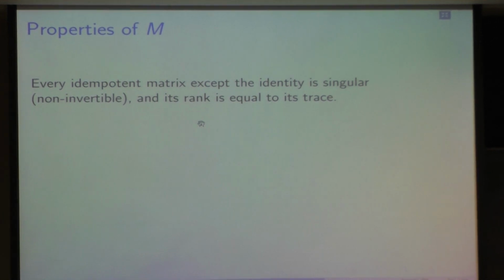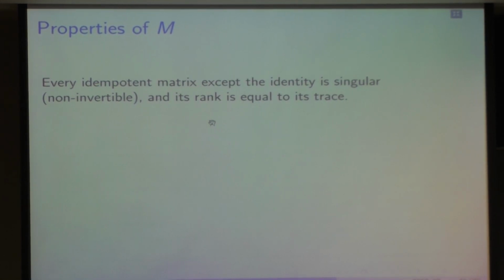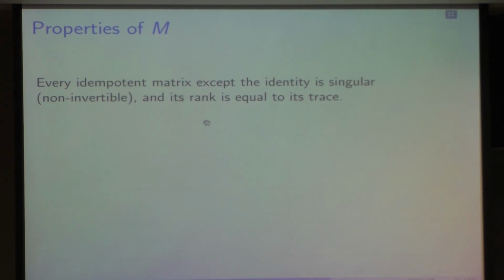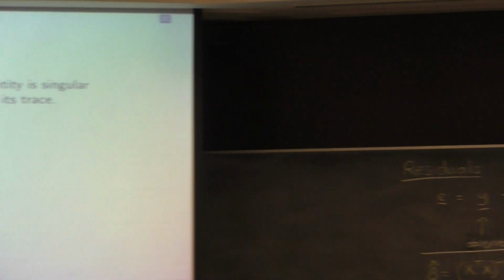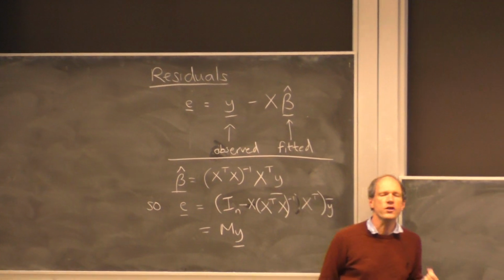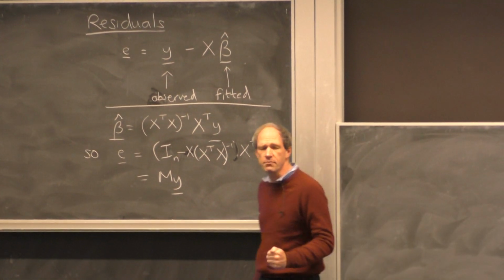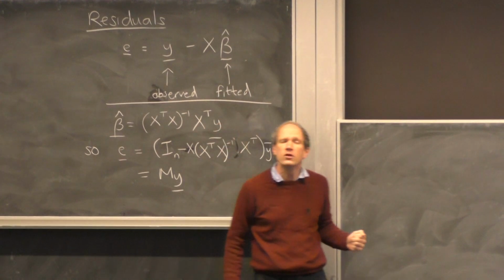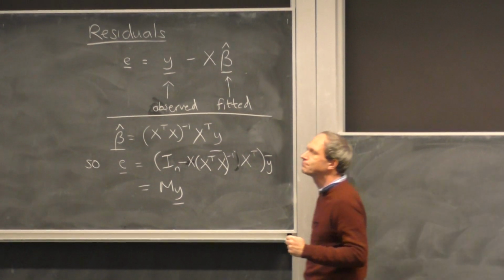For a matrix that is not the identity matrix to be idempotent is a rather special property, and there are two consequences of that. One of them is that it's not an invertible matrix. So it's a singular matrix, its determinant is 0, it's not invertible.